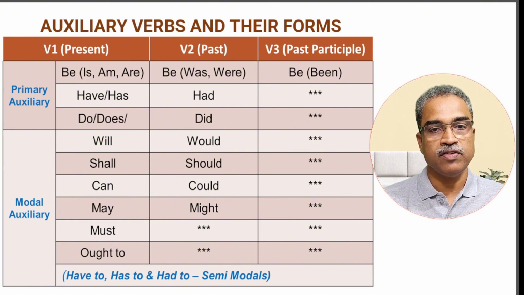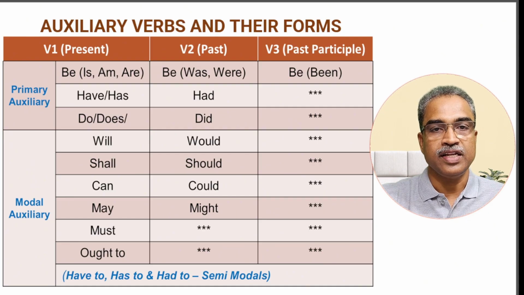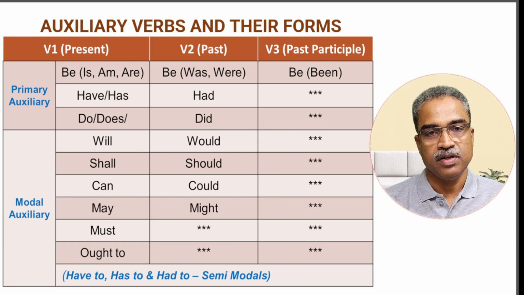Similarly, the auxiliary verbs also have V1, V2, V3. Now this particular verb that I am talking about, that is be. Be has got three different forms in the present tense, in the V1 form. So be could be is, am, or are. Is, am, are.